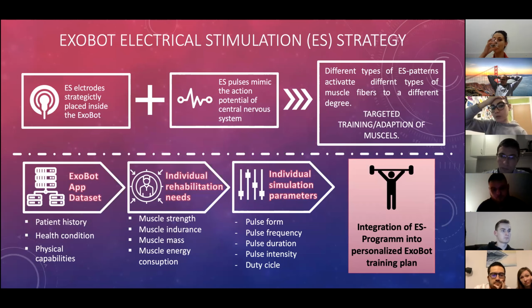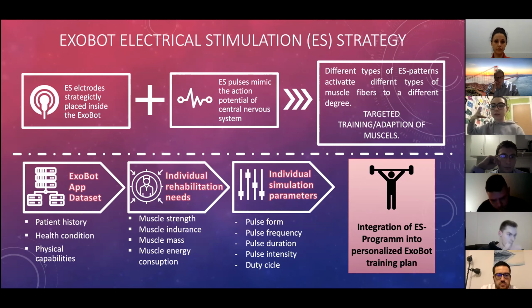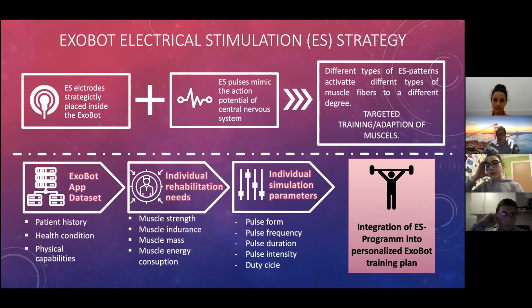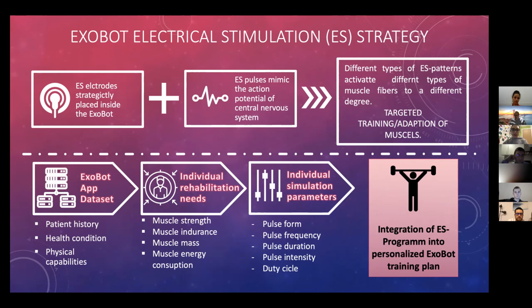And in combination with our Exobot app, we can create personalized training programs. So for each medical condition that we want to treat, we can also define a specific electrical stimulation paradigm. And in this case, the training becomes personalized, very specific to the customer's needs.